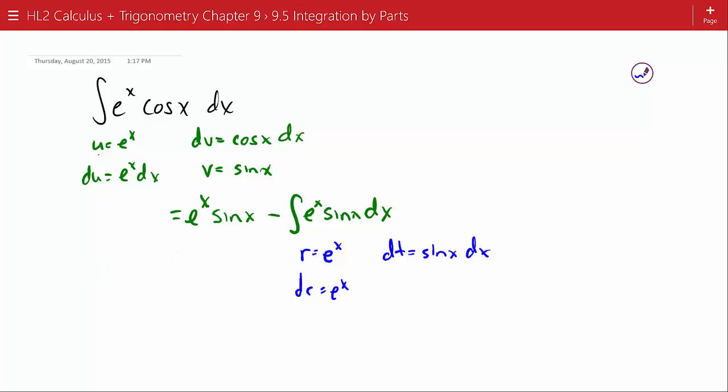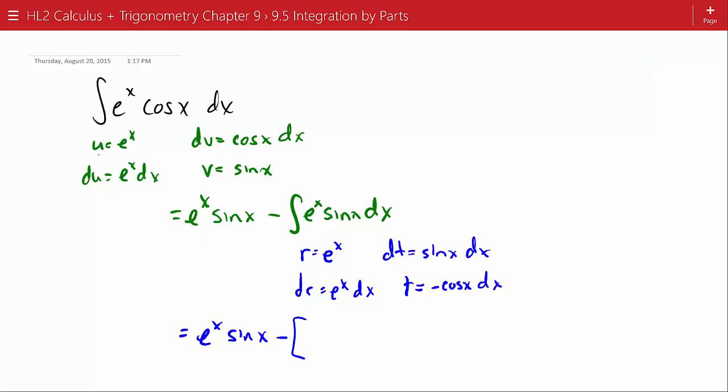dr is e to the x dx. t will be negative cosine x dx. And if you're looking ahead, you might be seeing what's going to happen here. We've got e to the x sine x. It's kind of neat. Minus, and be careful with your signs because it's minus this whole next integration by parts piece.